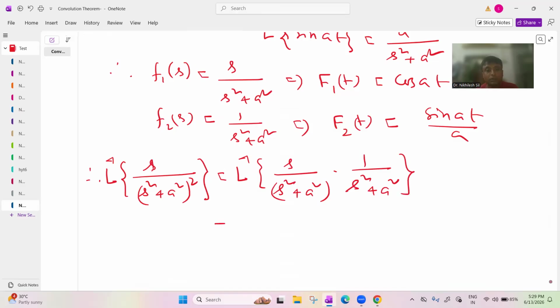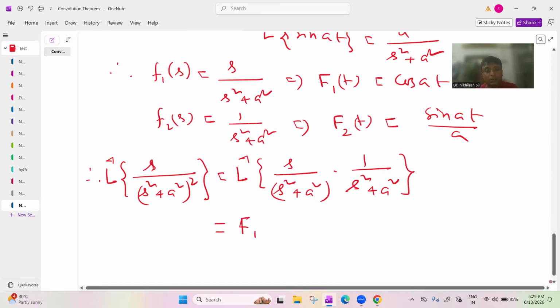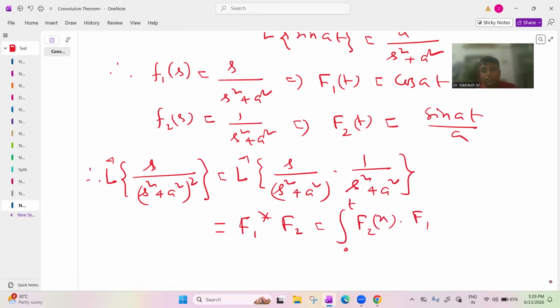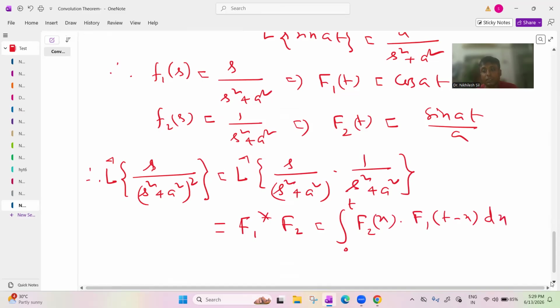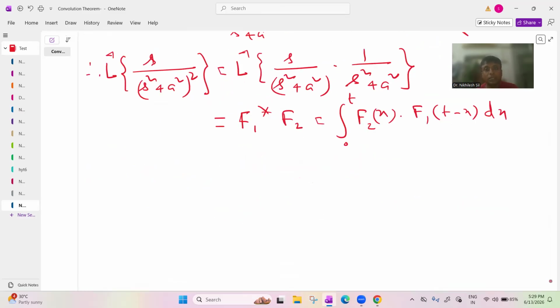This is equal to f1 convolution f2, which is equal to integration 0 to t f2(x) into f1(t minus x) dx. What is f2(x)? Sin ax by a. So integration 0 to t sin ax by a into cos a(t minus x) dx.